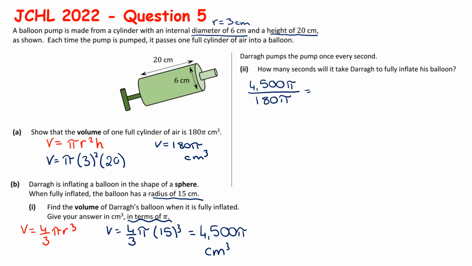So we're going to divide it in. This will tell me how many times we will need to pump the balloon, and if he pumps once every second, it will also give us the time in seconds. And that gives us 25 seconds.